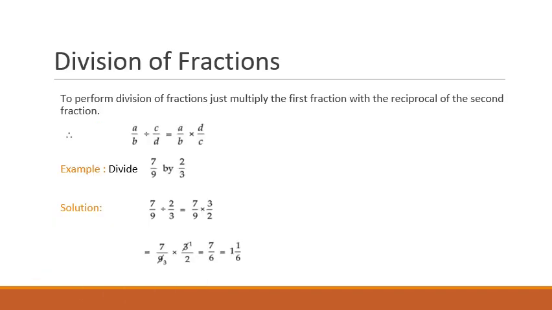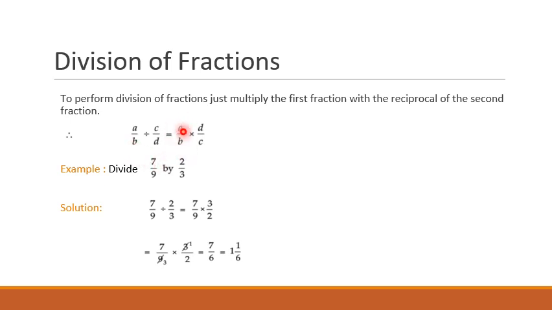Now let's see how to perform division of given fractions. To perform division of fraction, just multiply the first fraction with the reciprocal of the second fraction. So if we have two fractions like a by b divided by c by d, then what we have to do, keep the first fraction a by b as it is.